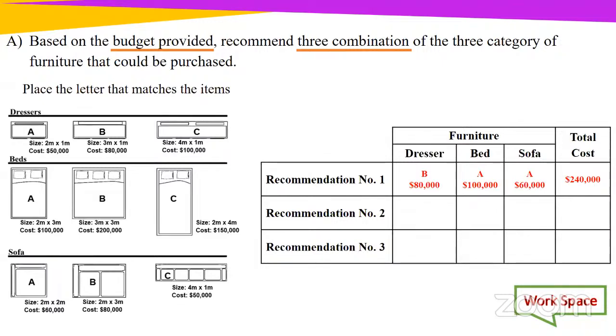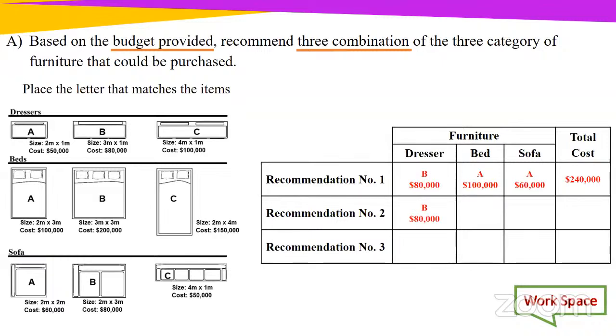Yes, go ahead. For dressers, I would want dresser B, and the cost would be $80,000. $80,000.